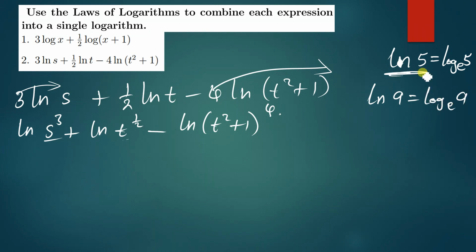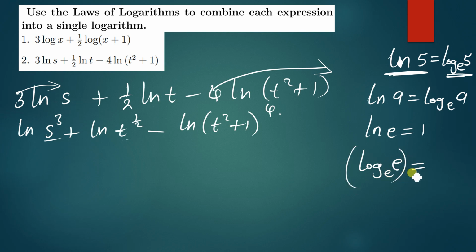That's the reason why ln e is equal to 1. Ln e is the same as log e with the base e, and remember this property of log, this is equal to 1. That's why we say ln e is equal to 1. I guess you get the point.